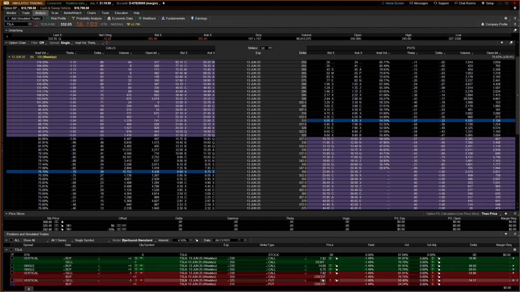And the reason why people do these is, like I said, to make that contract a little cheaper, and also give them a little bit more comfort. They still have delta. They don't have to worry about theta as much. They don't know how fast or slow it's going to take for this to happen, but they're thinking it's going to happen before expiration or on expiration.